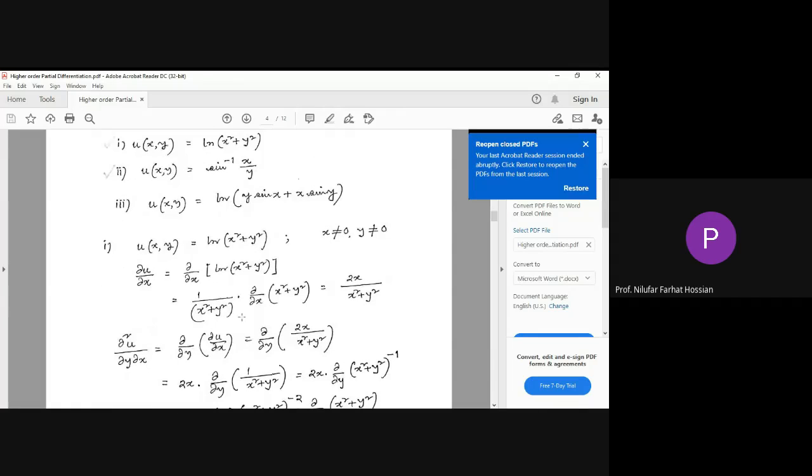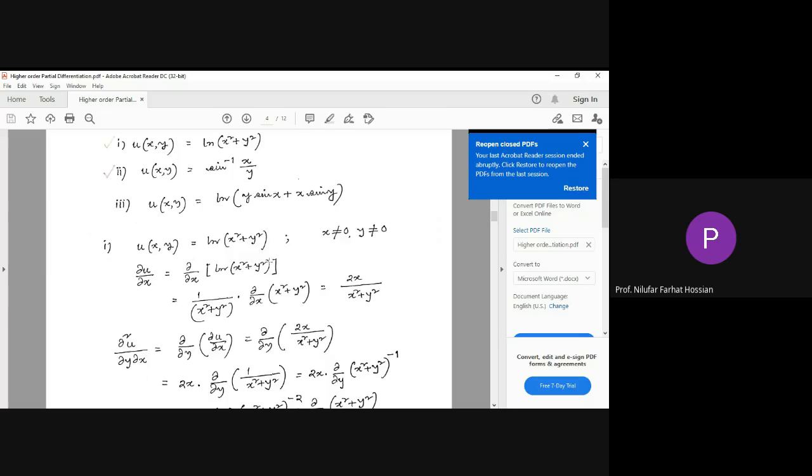At first we will perform del u by del x. That means del x of ln of this. You have to consider this whole x square plus y square as a single x because your partial derivative is with respect to x. So ln of x gives you 1 over x, that means 1 by x square plus y square. Now, this is not simple x, it is x square plus y square.